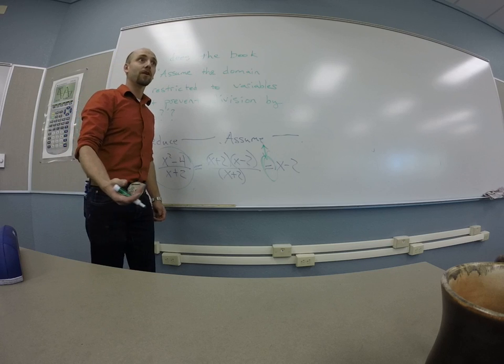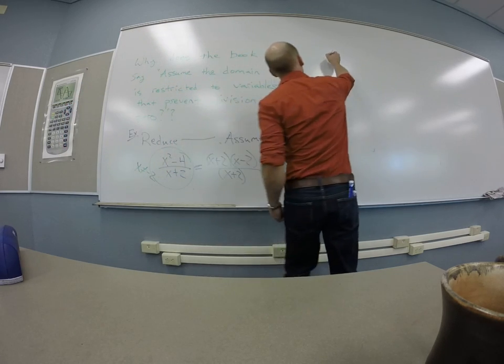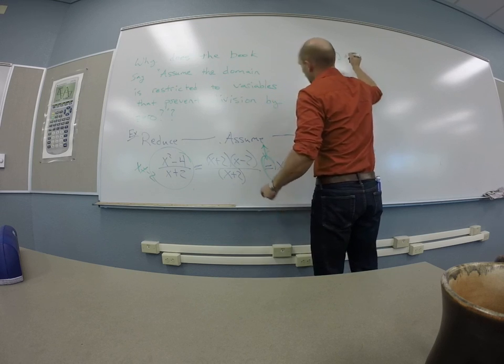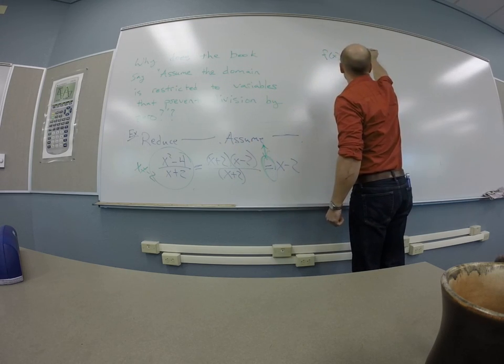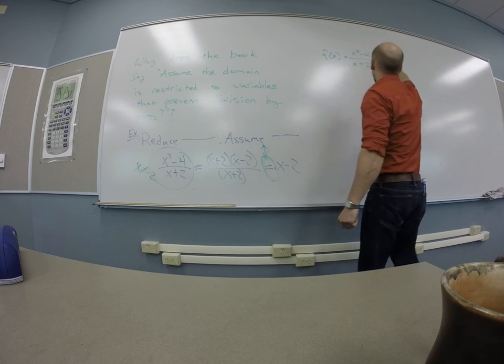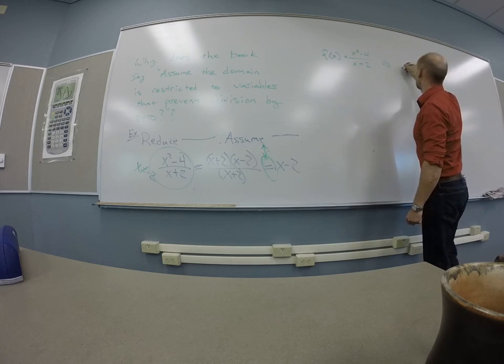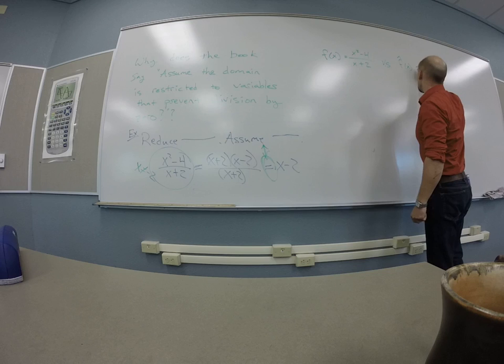If I think about these as functions, the problem should become really reasonable. If I've got a function f of x that looks like x squared minus 4 over x plus 2, really I'm asking, how is f of x different than this other function, which is pretty similar?